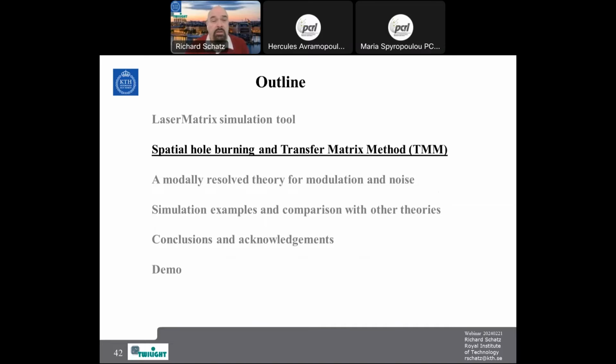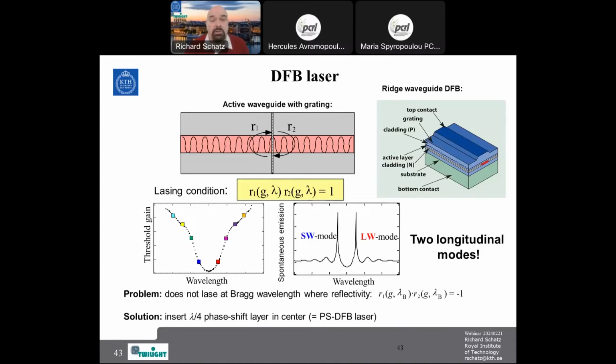So let's talk a little bit about what the transfer matrix method is, which is used, for instance, to simulate spatial hole burning. First, I want to explain what spatial hole burning is.